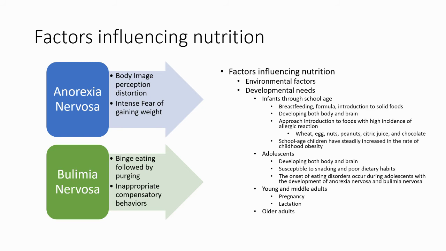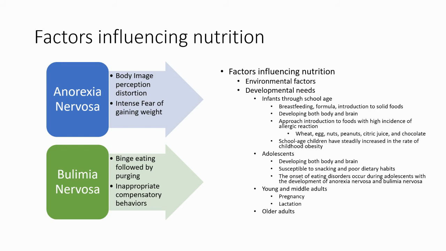foods. We also have to approach cautiously foods with a high incidence of allergic reaction, with infants through early school age children, such as wheat, eggs, nuts, peanuts, even citrus juice and chocolate, which are high risk or have a high incidence of allergic reactions in children.